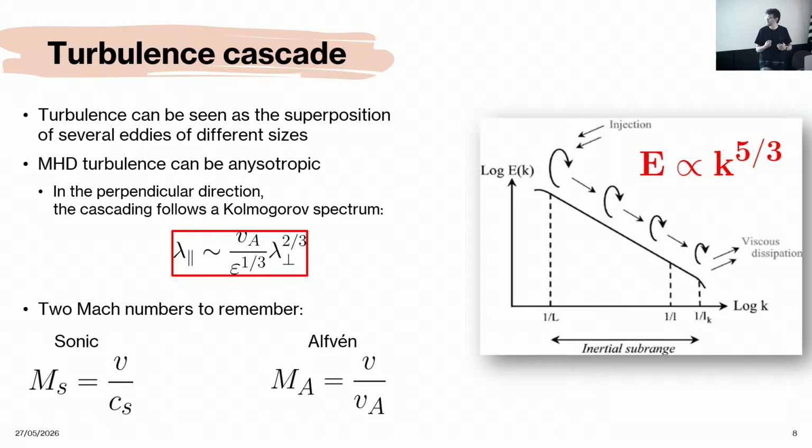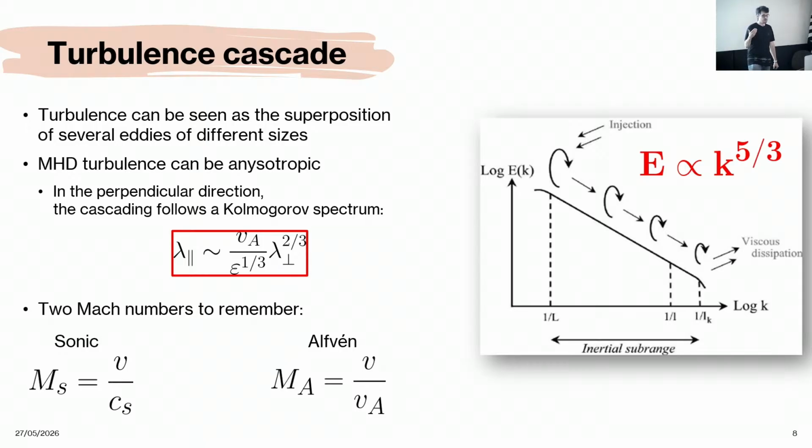Oh, sorry, there should be a minus here. I forgot the minus. Really sorry about that. Still, we have this power law, and then we have this superposition of these vortices all the way down to the viscous scale, where this turbulence is dissipated in the smallest scales and becomes laminar.